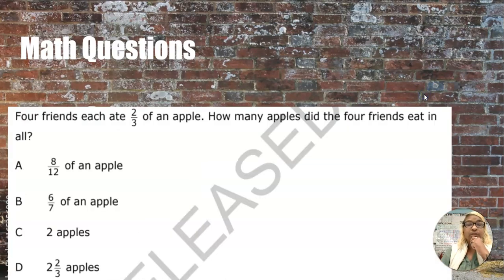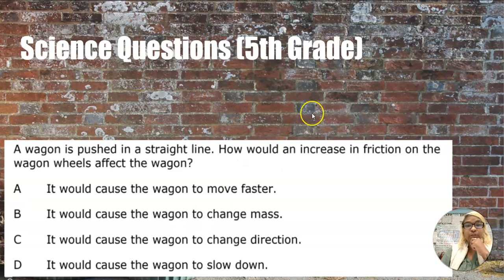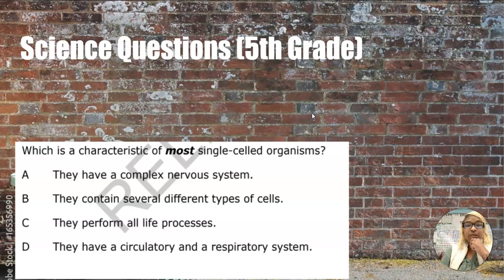Okay, let's do some science questions for 5th grade. Let's do this one. Which is a characteristic of most single-celled organisms? Again, this is for 5th grade because 5th grade does take a science EOG.